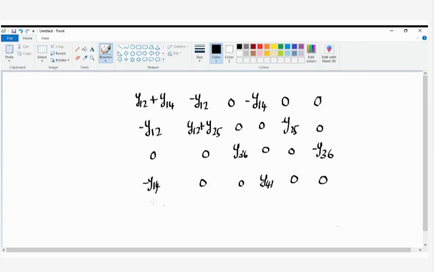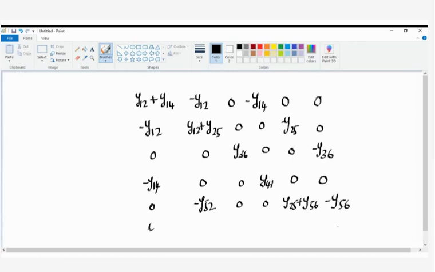Then what about 5? Node 5 is connected to 6 and connected to 2, alright? So 0, minus y52, 0, 0, y25 plus y56, minus y56, right?